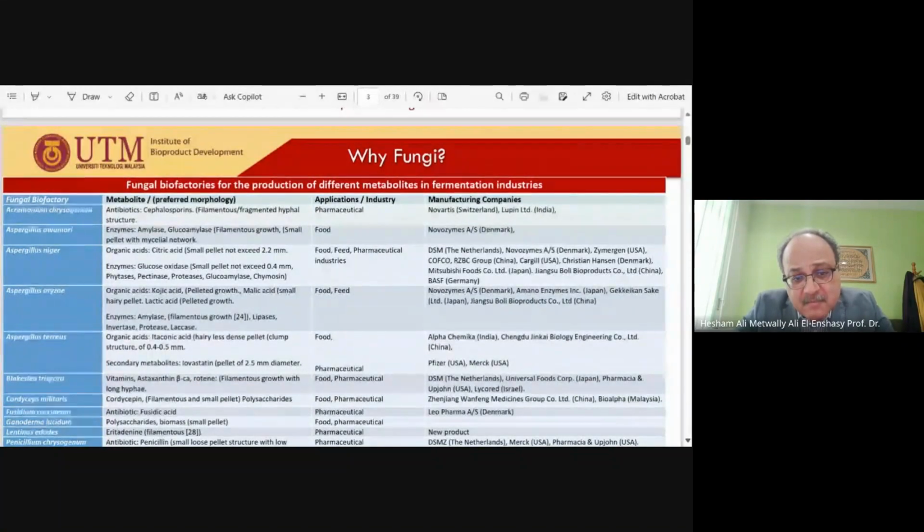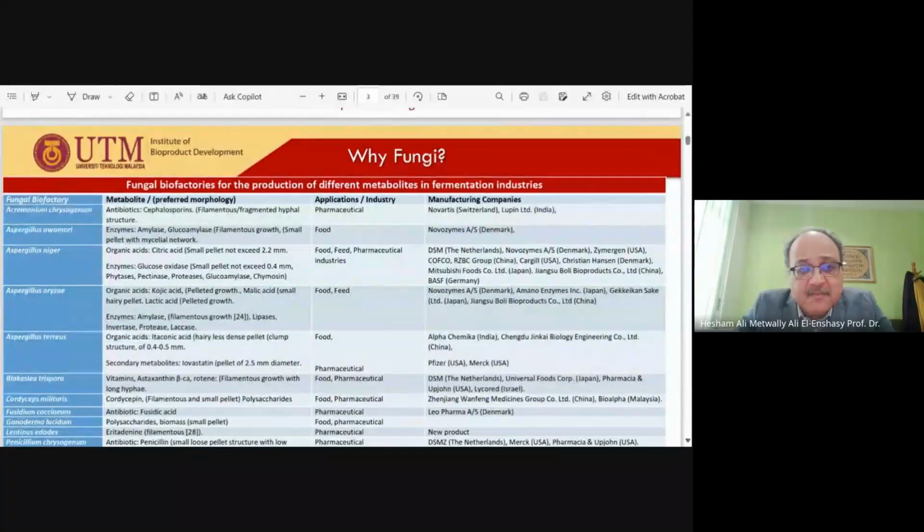For secondary metabolism, in this case like lovastatin, the pellet should not be larger than 2.5 millimeter diameter. Same for Cordyceps, which needs a filamentous or small pellet, and produces cordycepin and many bioactive compounds. Fusidium coccineum is for fusidic acid and many other products.